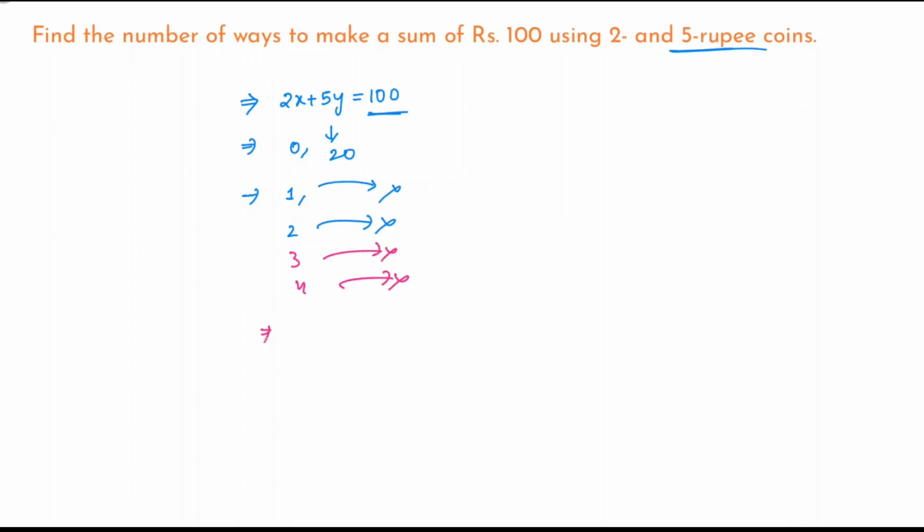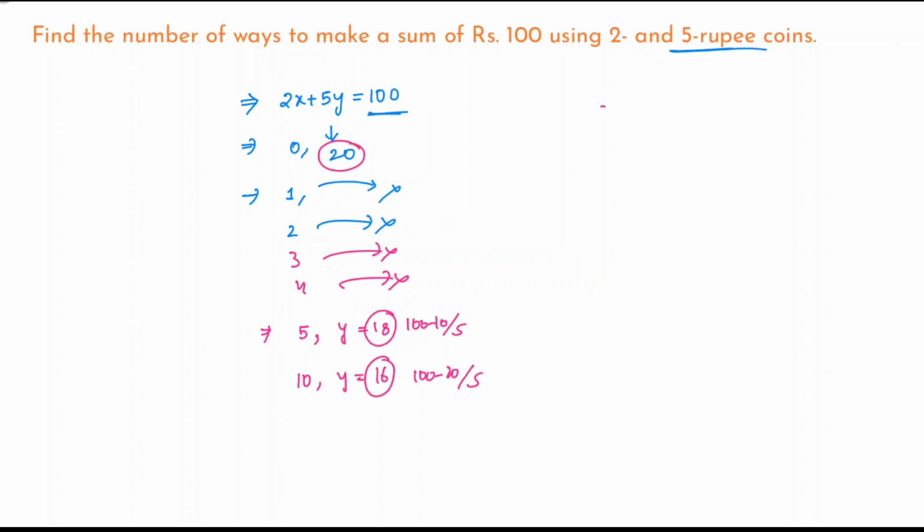So the next case will be x being equal to 5. So this gives the value of y as (100 minus 10) upon 5. So 90 by 5, which is equal to 18. So the next value of x will be 10, which gives the value of y as (100 minus 20) upon 5, which is equal to 16.